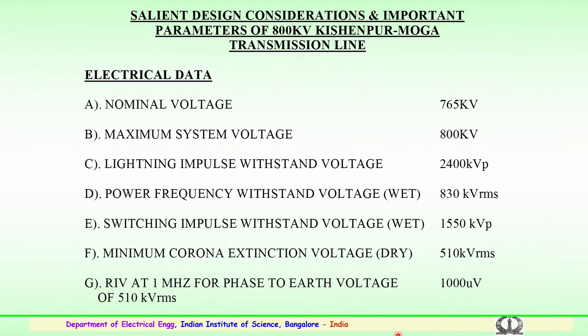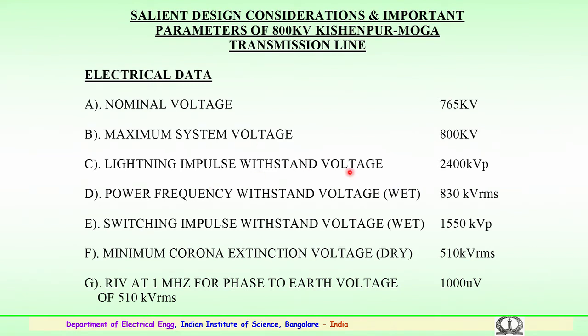So, these are some electrical data from when the country went in for the first 800 kV transmission, from Punjab to Kashmir, that is the Kishanpur to Moga transmission line, the first line which came into operation in the country for a nominal voltage of 765, the maximum system voltage being 800 kV.